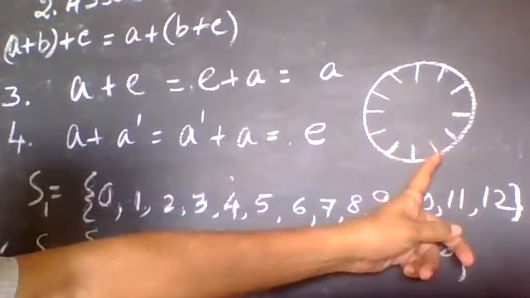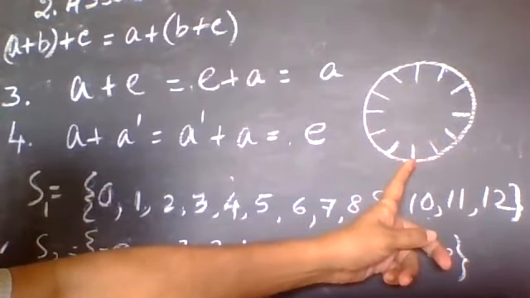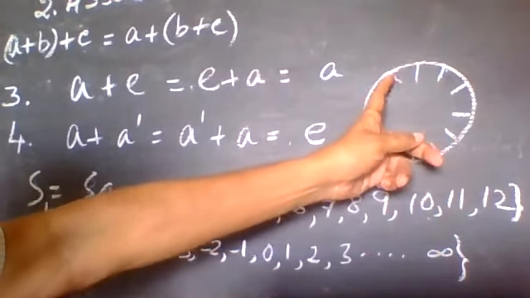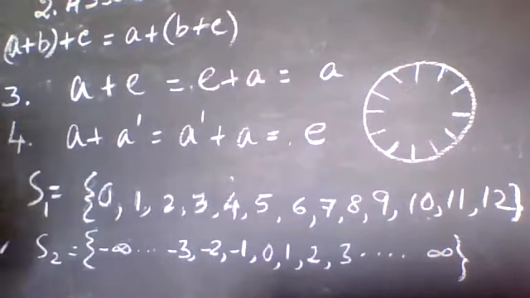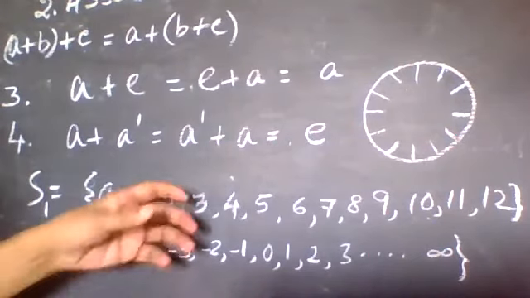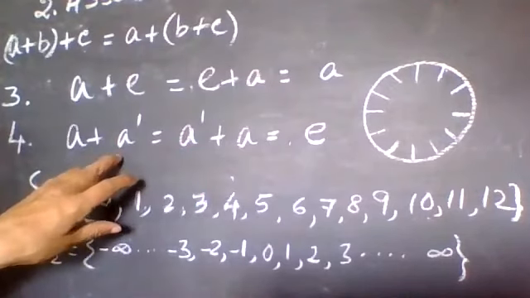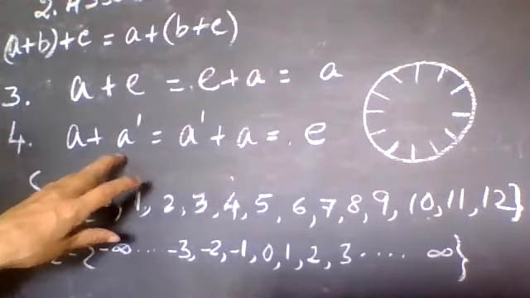So how much is a prime? This is 1, 2, 3, 4, 5, 6, 7. You will have to move 7 more digits. So 5 plus 7 is 0 in this case, and therefore a prime equals 7.